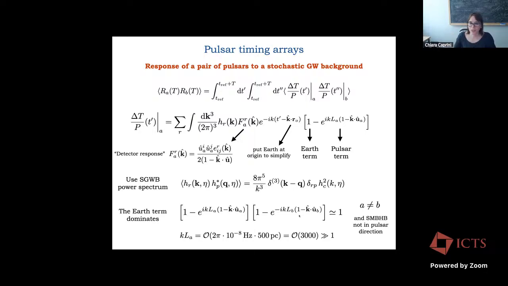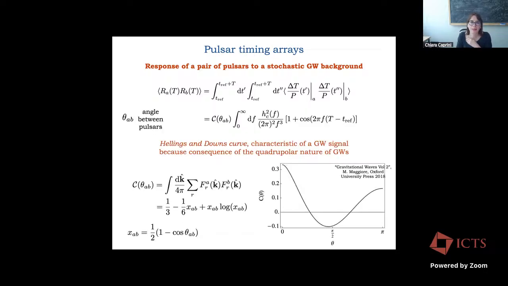But in the general case in which we have two distinct pulsars, which is the case of interest here because I am cross-correlating two pulsars, and in most cases we don't have this coincidence of the direction of the emission of the supermassive black hole binary with the direction between the pulsar and the Earth, then we can actually forget about the pulsar term and focus on the Earth term.